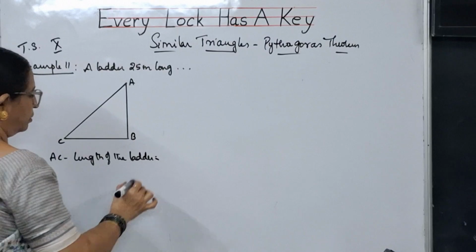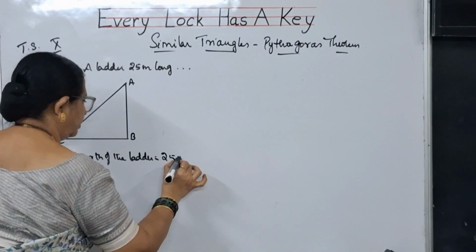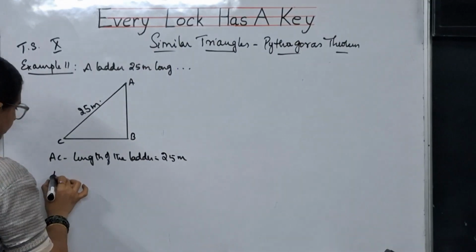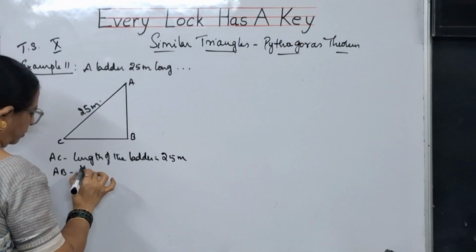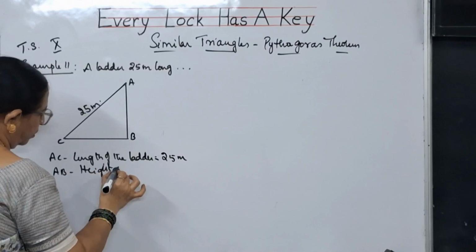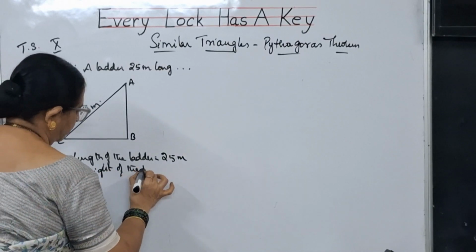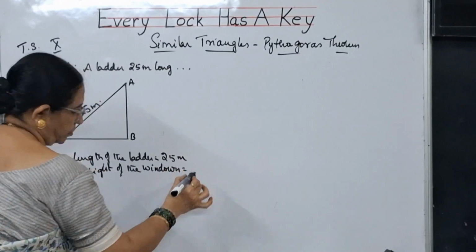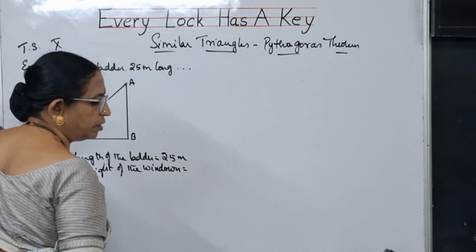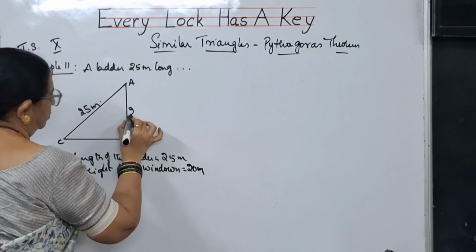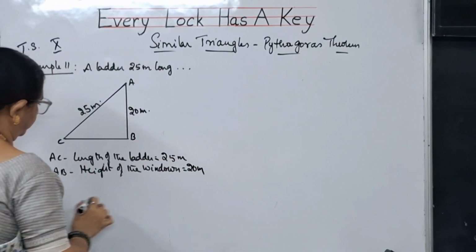How much is it? 25 meters. So this is 25 meters. AB is the height of the window. What is the height of the window? They have given it as 20 meters. So this is 20 meters.